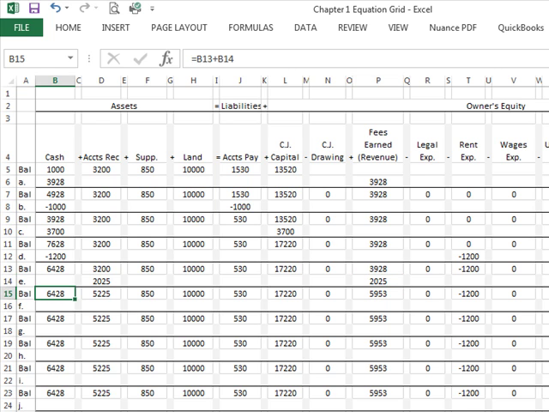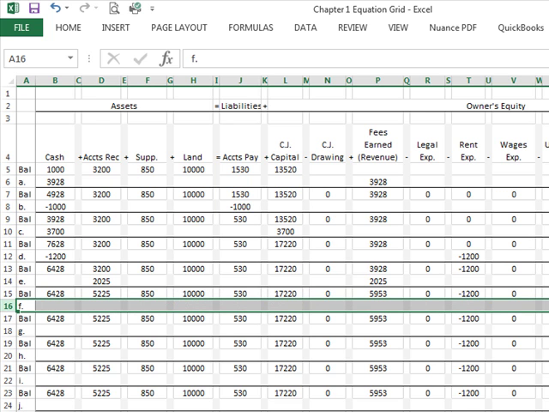Then we see our new balance in accounts receivable is $5,225. And now we have revenue so far for the month of $5,953. And then we're going to bring down the balances for all the accounts that we did not use in this particular transaction. Very important that you bring the balances down.